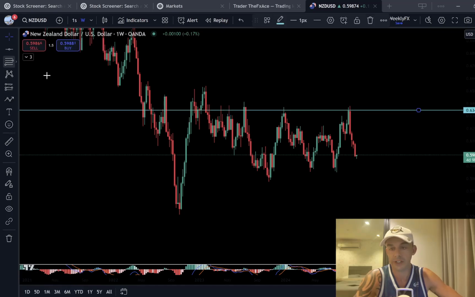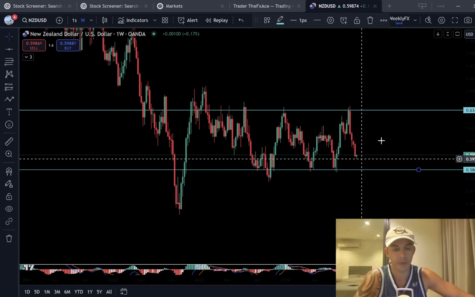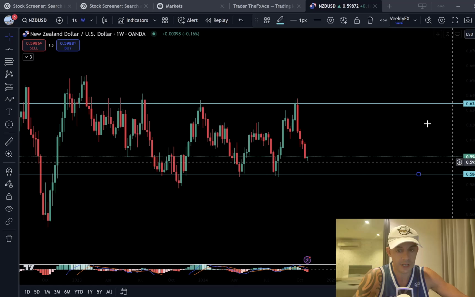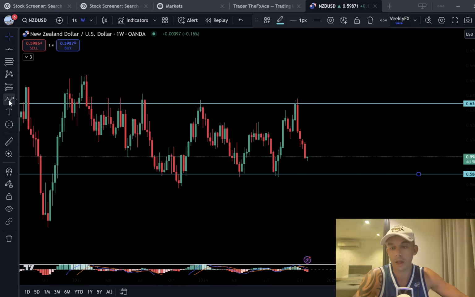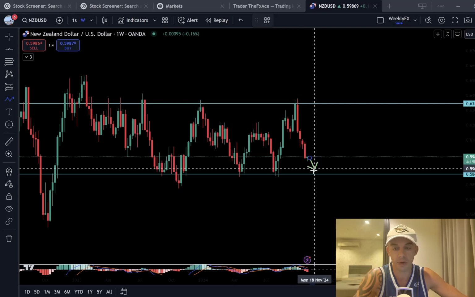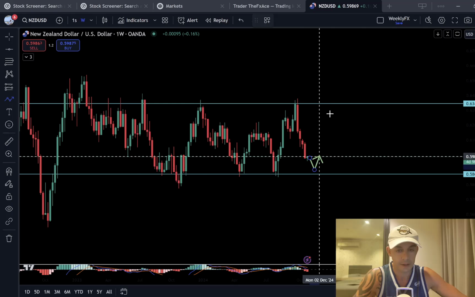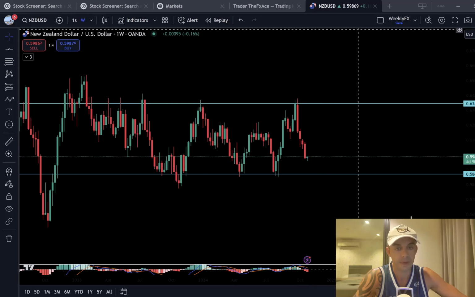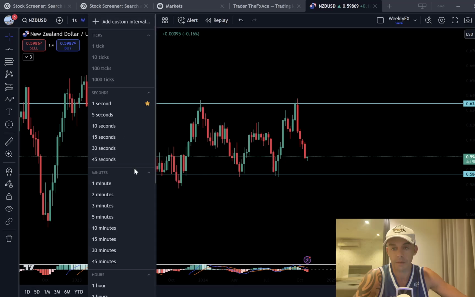Just draw the resistance there and support here. Zoom in. We could maybe drop a little bit further down to the zone, but we're going to zoom into the lower time frames first and then the daily.